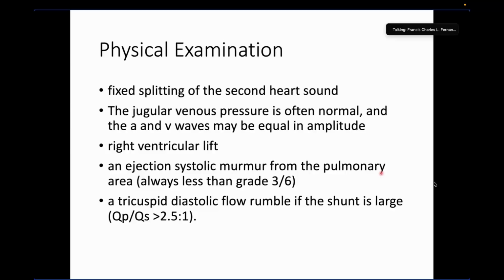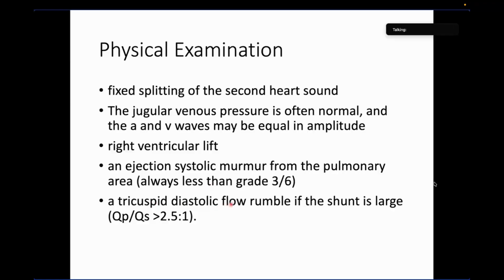Okay, so you have fixed splitting of the S2, right? So it does not change with respiration. You may have an RV lift, so beginning na yung ano, so there's volume pressure overload already on the right side. The ejection murmur is because of the blood flow going to the pulmonary circuit, less than 3/6.